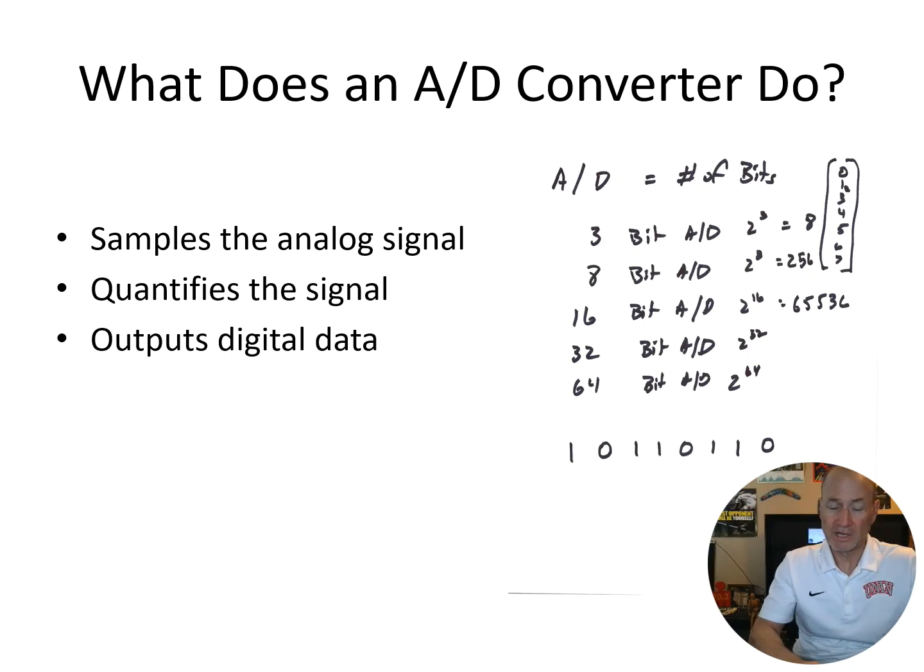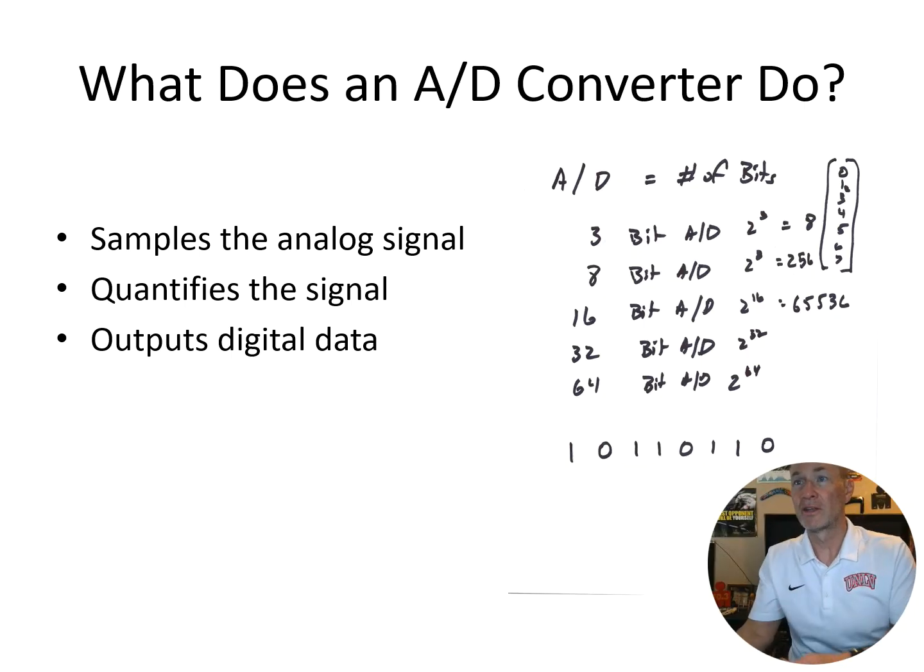And typically we describe the A to D boards based upon the number of bits that they have. Now, a bit is a single representation of memory, and a bit can either be a 0 or a 1; it's binary. We can have A to D boards with only 3 bits, and we can have A to D boards with 64 bits.